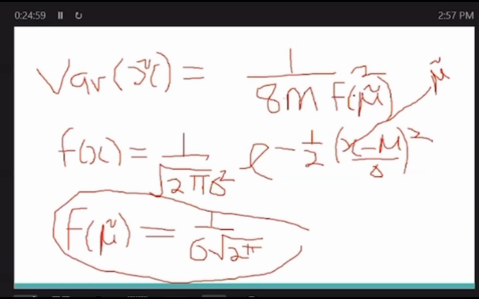Don't forget the other part: with x equal to mu, the exponent is 0, so the exponential is 1. I'm only going to have this part, so I plug that in here.